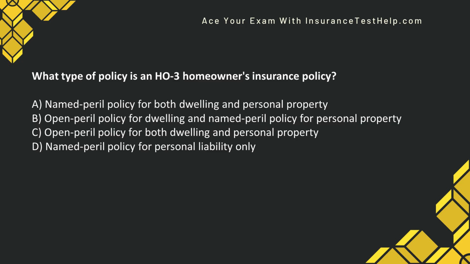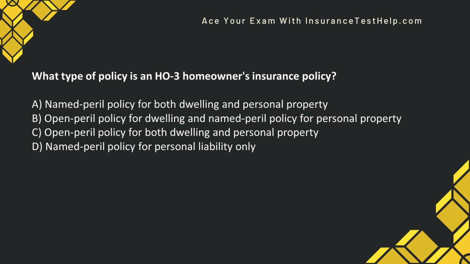What type of policy is an HO3 homeowners insurance policy? A, named peril policy for both dwelling and personal property. B, open peril policy for dwelling and named peril policy for personal property. C, open peril policy for both dwelling and personal property. Or D, named peril policy for liability only. These HO policies, there's a whole bunch of them.